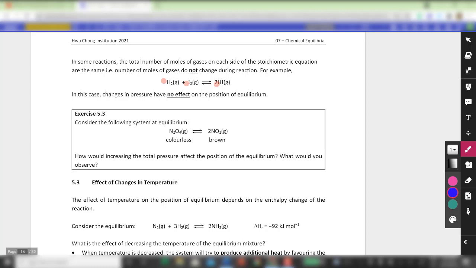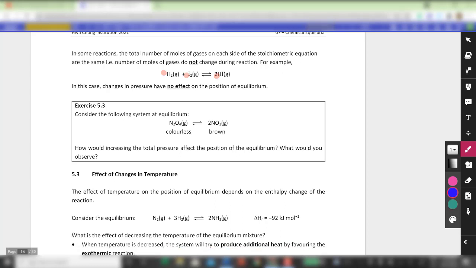For exercise 5.3, our next exercise, we have the following system at equilibrium. Again, a little bit boring, same old story: N2O4 and NO2, which is brown. If I increase the total pressure, how will it affect the position of equilibrium?